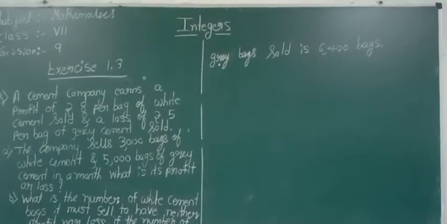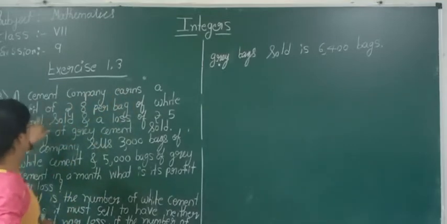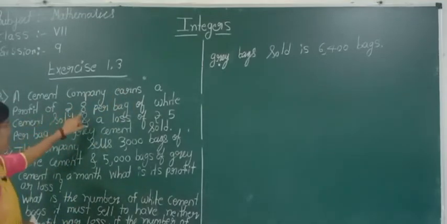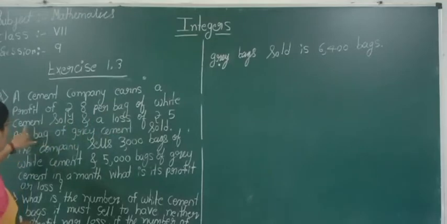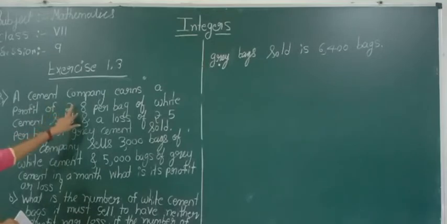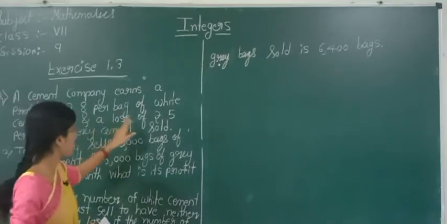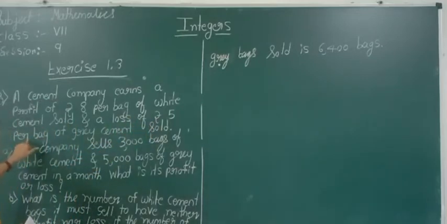Now see, students, the next question tells us that a cement company earns a profit of ₹8 per bag of white cement sold. One cement company is there, it earns a profit of ₹8 per bag of white cement, and a loss of ₹5 per bag of grey cement.